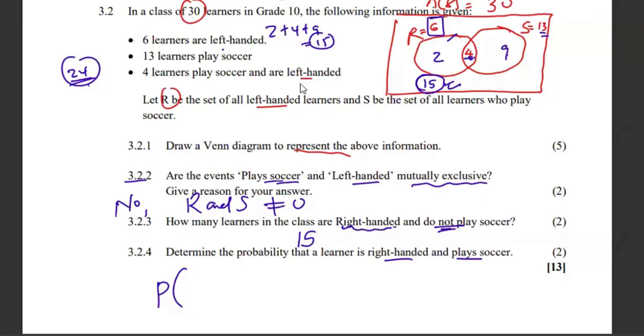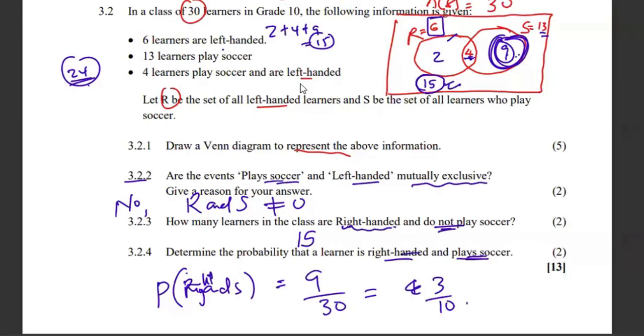But the question is asking for the probability that a learner is right-handed and plays soccer. So this 9 here represents the number of people that are playing soccer only. Those ones are right-handed, okay? So we're going to say right-handed and plays soccer, R is for left, so right-handed. So we're going to say 9 over 30, which is the same as 3 over 10.